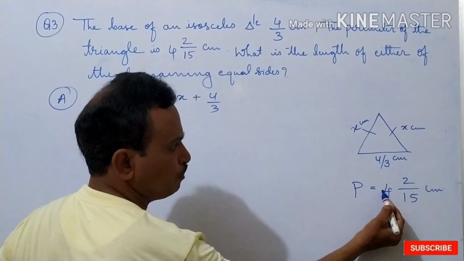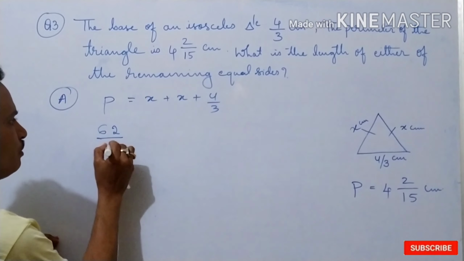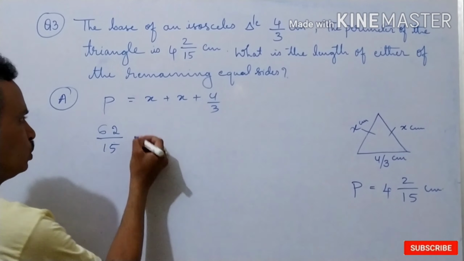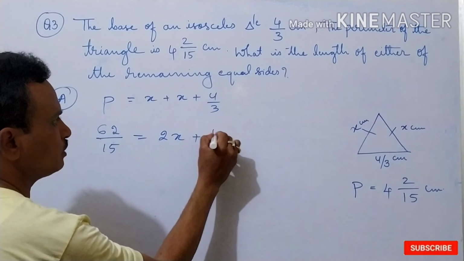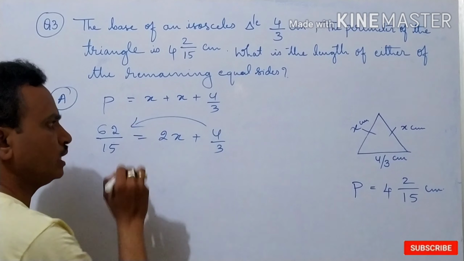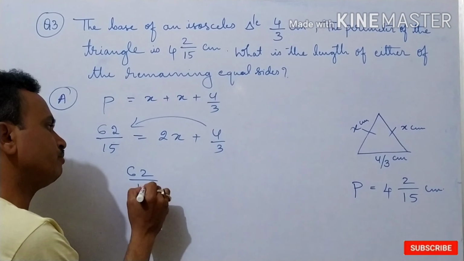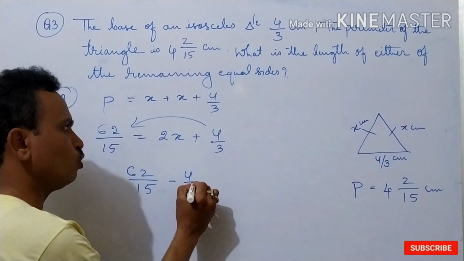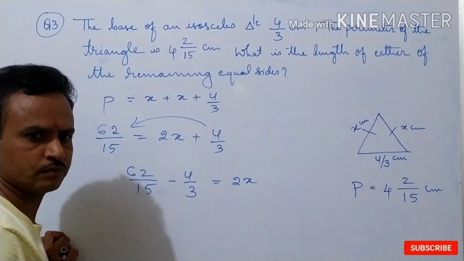Okay, 60 plus 2, 62 divided by 15. So this is equal to x plus x, it becomes 2x plus 4 by 3. Now 4 by 3 you should take to LHS side. So it becomes 62 divided by 15 minus 4 by 3. Then this is equal to 2x.